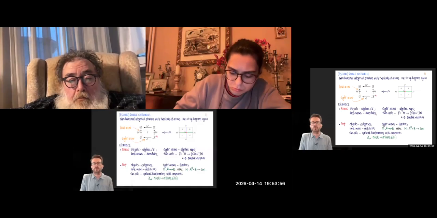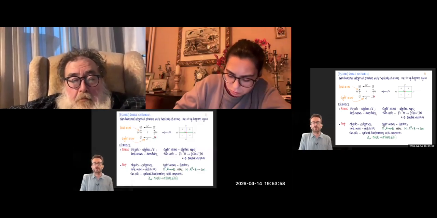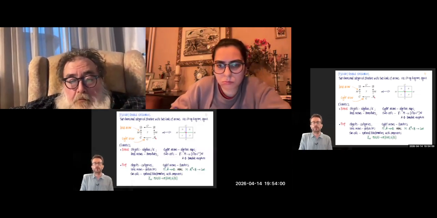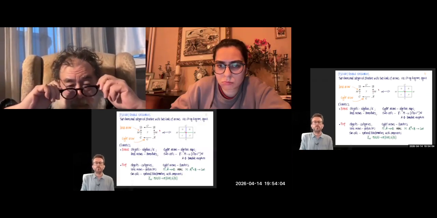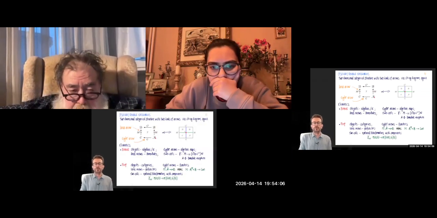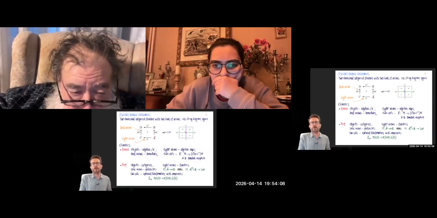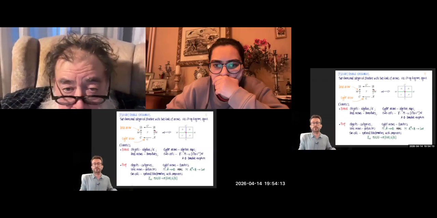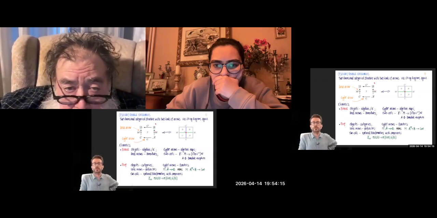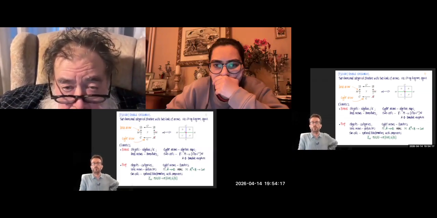So M is going to be an A-B bimodule, so A is acting on the left, B is acting on the right. And I can compose bimodules: if I've got an A-B bimodule and a B-C bimodule, I can compose them by tensoring over B. So that's how I do my loose composition.